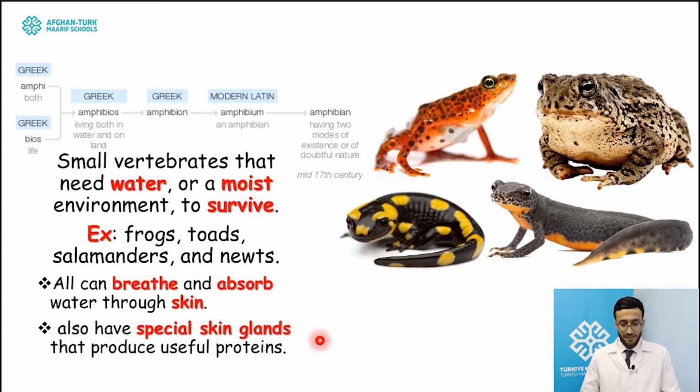Another obvious distinguishing point is that they have special skin glands that produce useful proteins in order to produce a colorful image on their skin and to camouflage, or to produce poison or venom, or other forms that we call projections. These important proteins are really used for the survival of these animals. Let's talk about them in another slide or deeper examination.